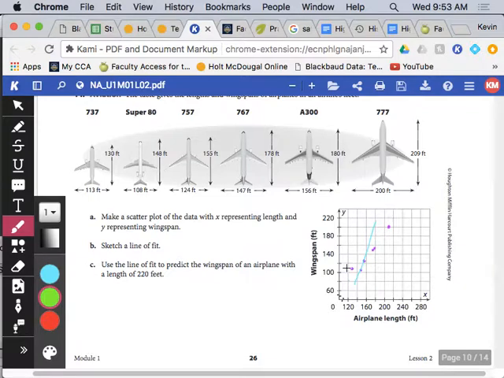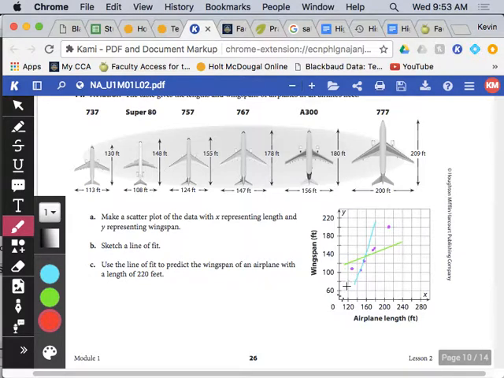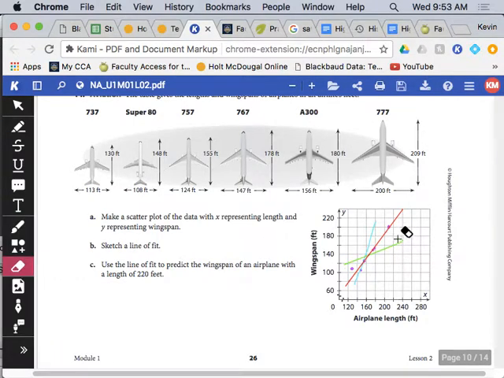I'll do this one here, the green one, and I'll do this one here, the red one. Okay. Raise your hand if you think the blue line is the best line of fit. Raise your hand if you think the green line is the best line of fit. Raise your hand if you think the red line is the best line of fit. Very good. Okay, so we understand what a line of fit is. Nice. So we've got our line of fit here.